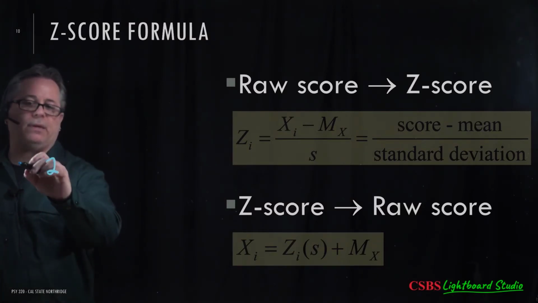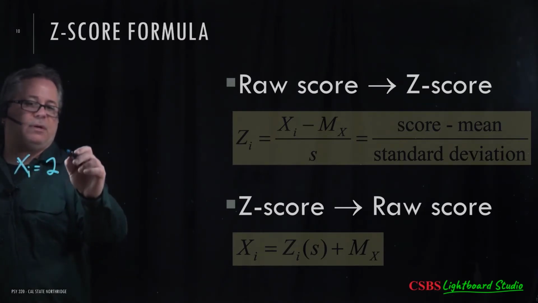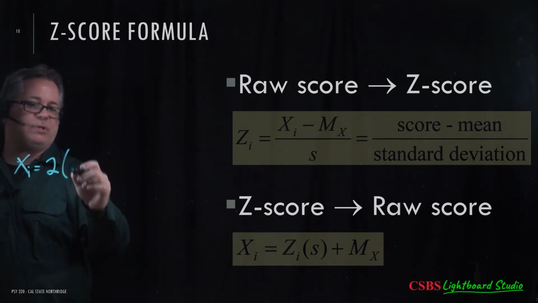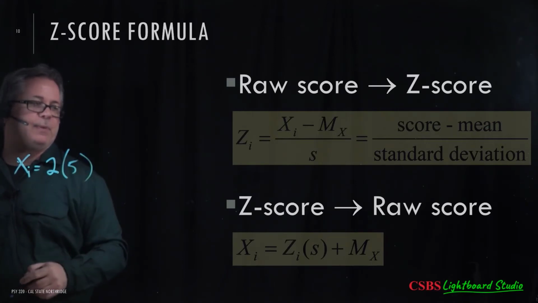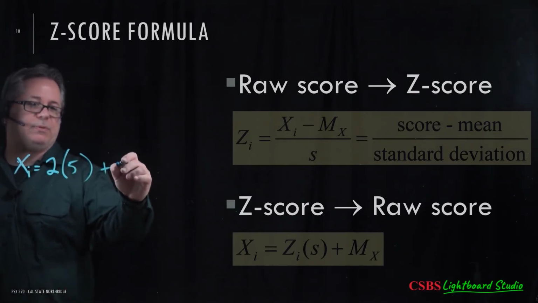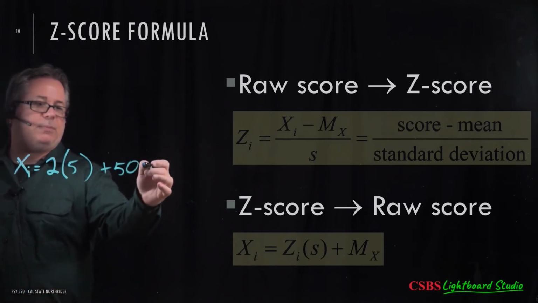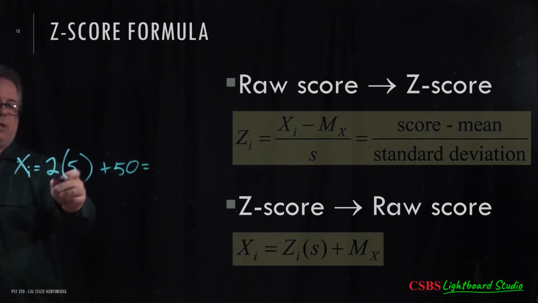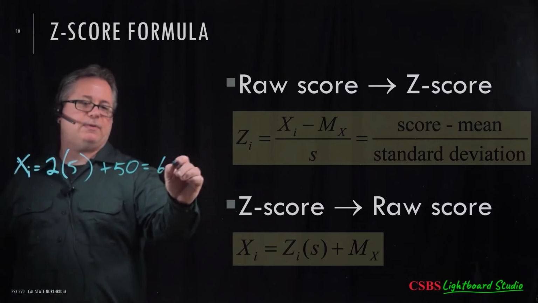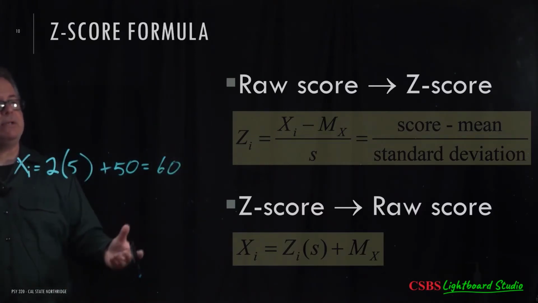I want my raw score, I want xi. I have my z-score of 2. I can multiply that by the standard deviation, which I think I said was 5, and I can add back the mean of the test for your class, which I think was 50, and it will tell me what my raw score was. 2 times 5 is 10, plus 50 is 60. This is a way of taking a z-score and converting it back to the raw score.